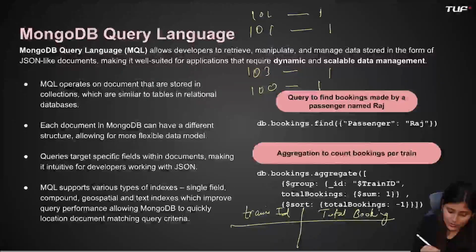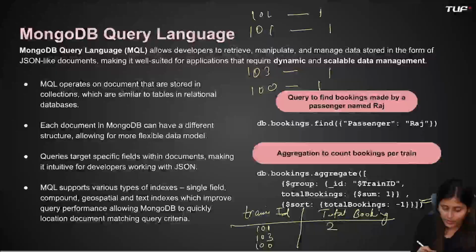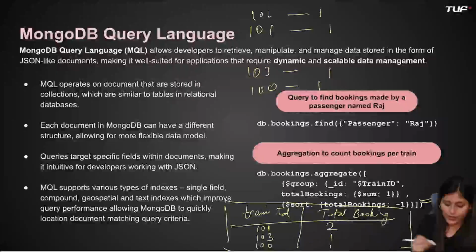Again it is in descending order according to total bookings. For 101 we have 2 bookings, so it comes first in descending order. Then 103 or 100, no matter, both have 1 total booking. So this is how your final table will look, and this is how we query in the MongoDB database.